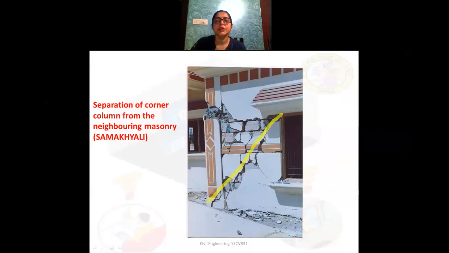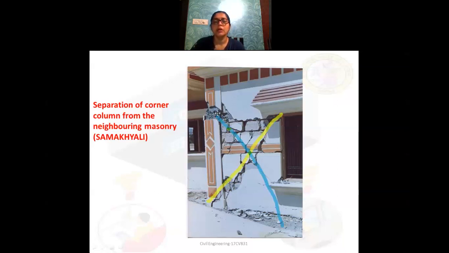So this is the shear wall. This wall is a shear wall, right? In the shear wall there are in-plane shear stresses. Due to these in-plane shear stresses, there is an X type of crack from the window to the corner of the building.